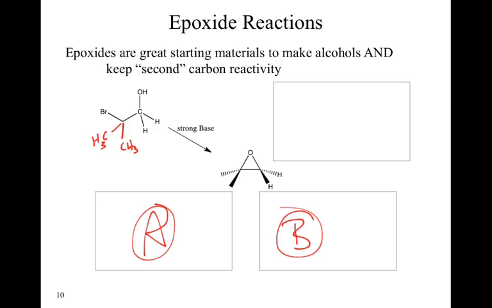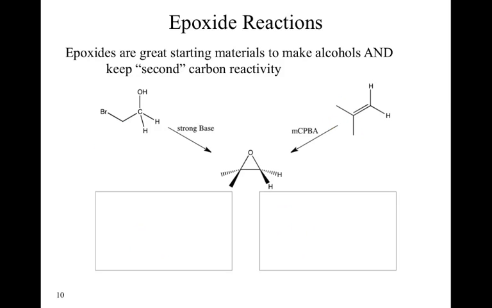What about box, let's call it 2? Well, what 2 is looking at is saying, hey, is there another way to make an epoxide? Hopefully you all remember, because we briefly talked about it, that we can make epoxides using MCPBA and an alkene. So we've got 2 ways to make these epoxides.